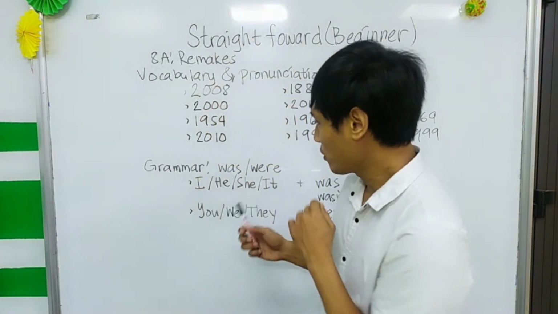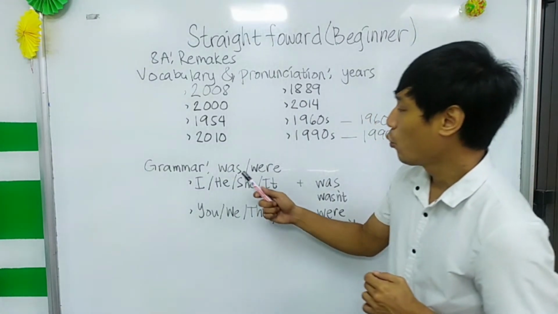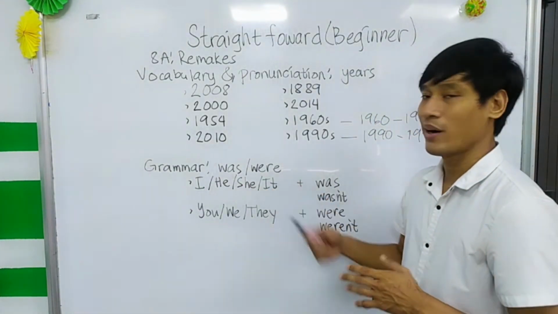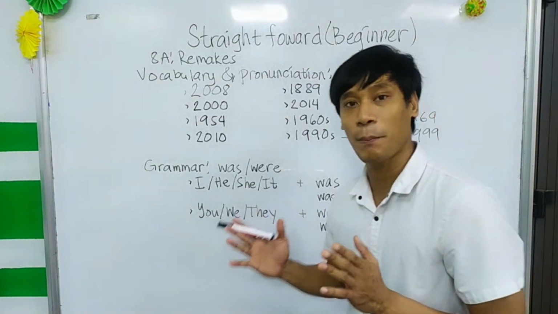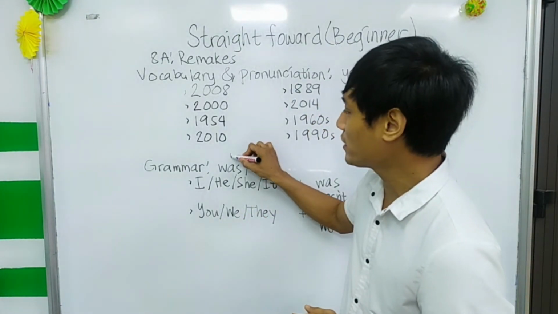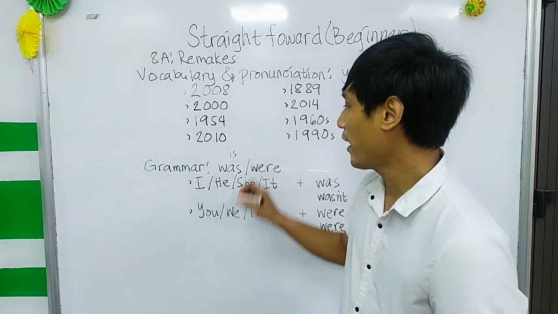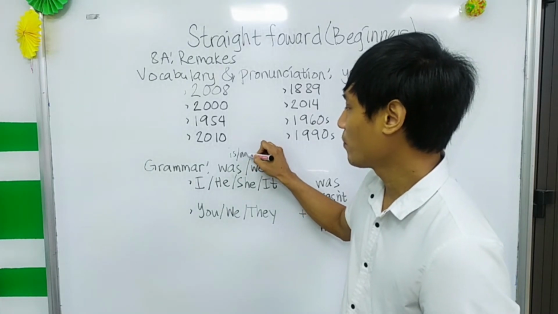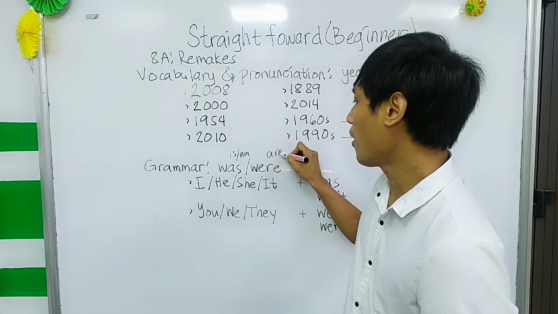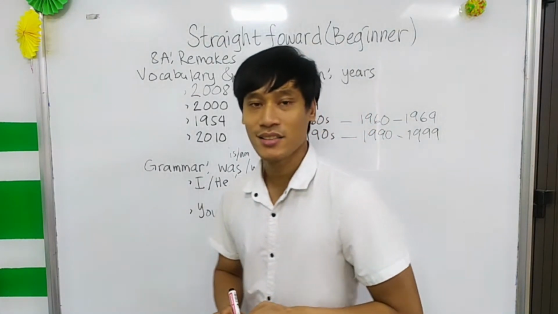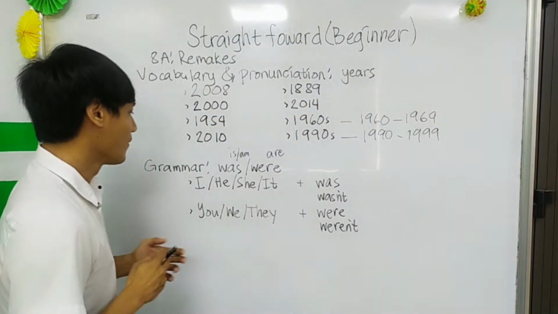So let's go to grammar. The grammar for today is was and were. That is the past tense of is, am, and are. Here are the structures.